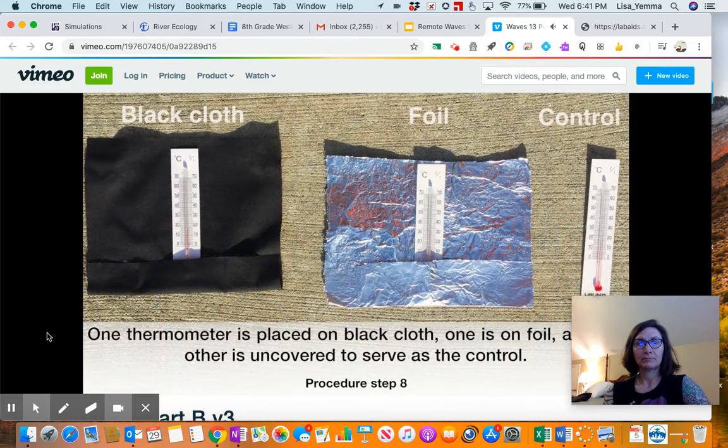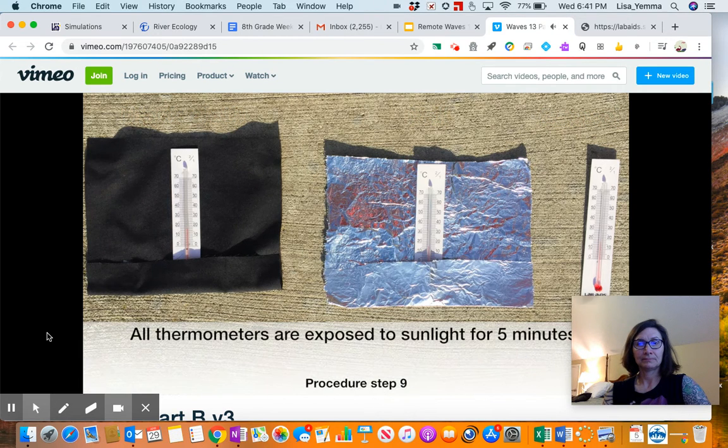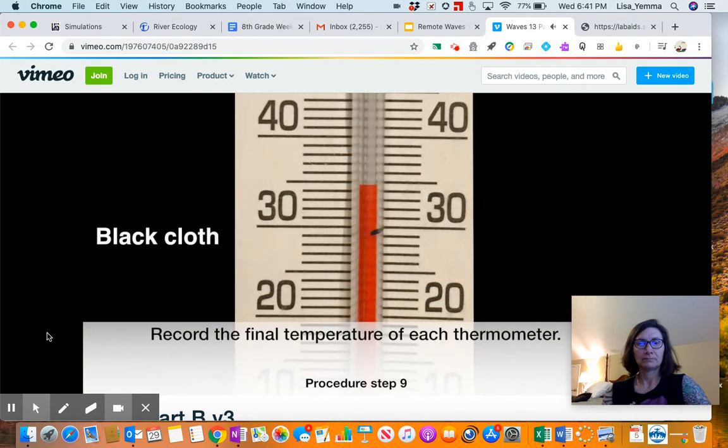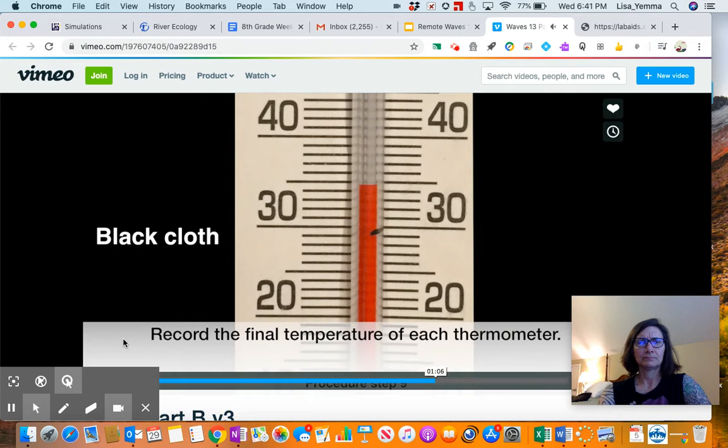One thermometer is placed on black cloth, one is on foil, and the other is uncovered to serve as the control. All thermometers are exposed to sunlight for 5 minutes. Record the final temperature of each thermometer.